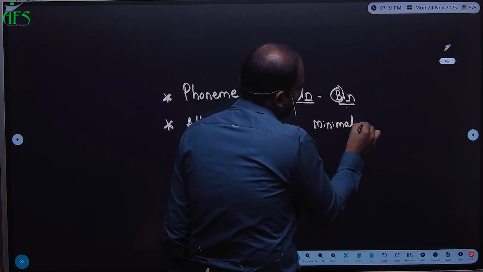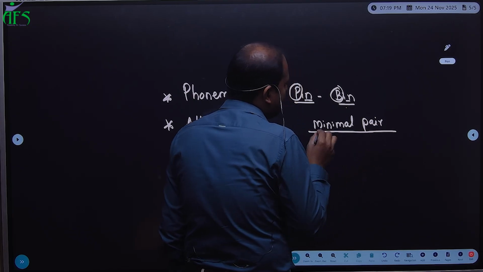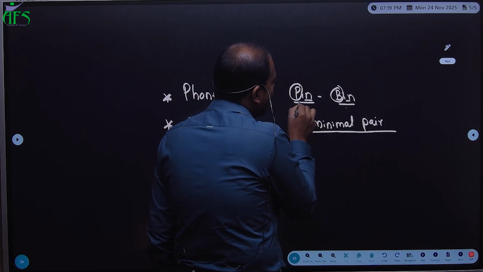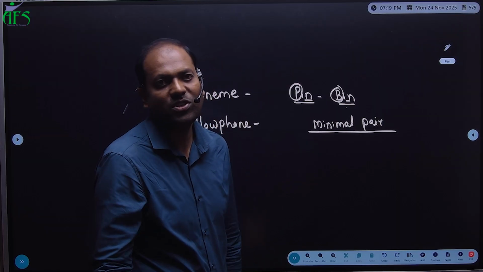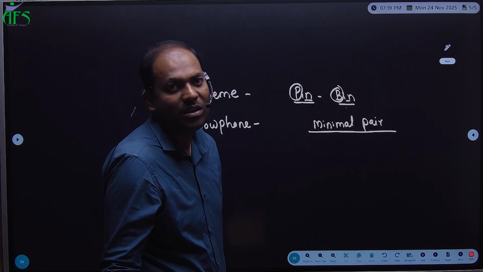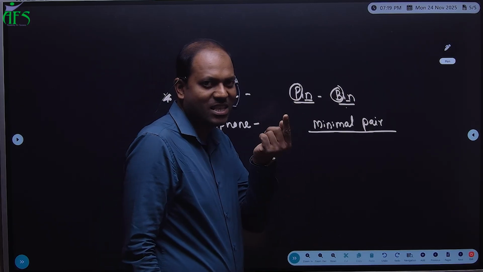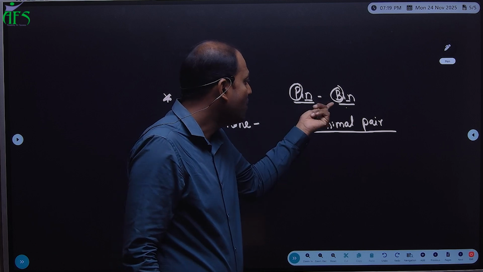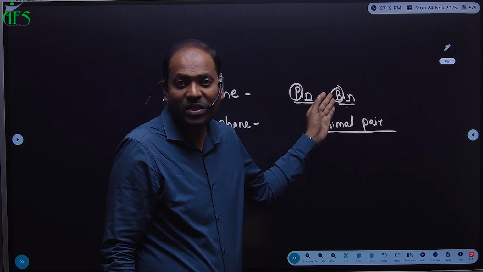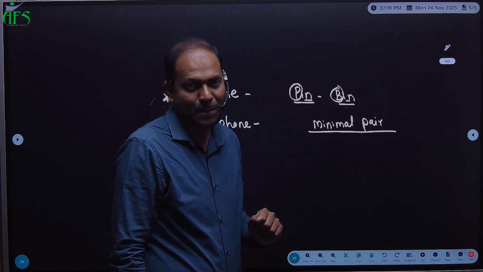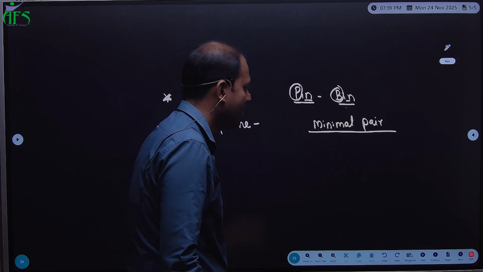Minimal pair. Why? Because the meaning of the word has been changed because of the change that came in one sound. Pin and bin are completely different, and bin has no relevance to the word pin. You got it? That is called a minimal pair.